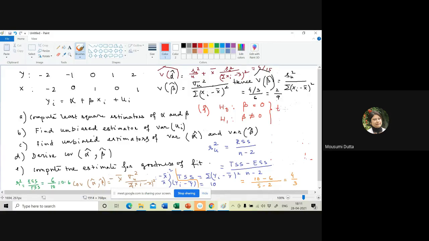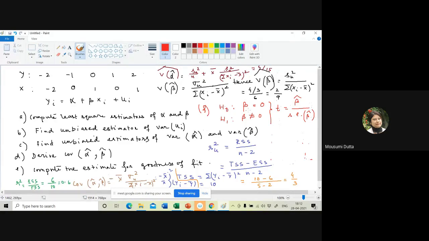The relevant T statistic is given by beta hat divided by standard error of beta hat. Already we discussed this in the last class.